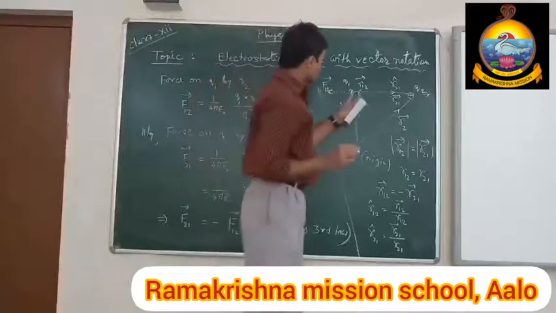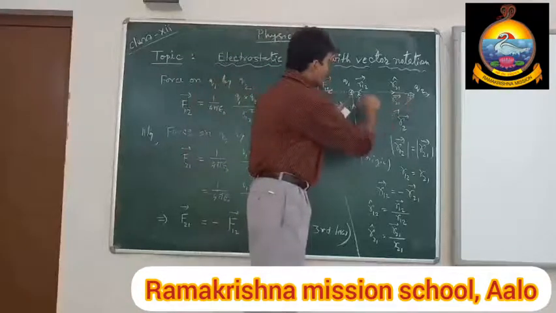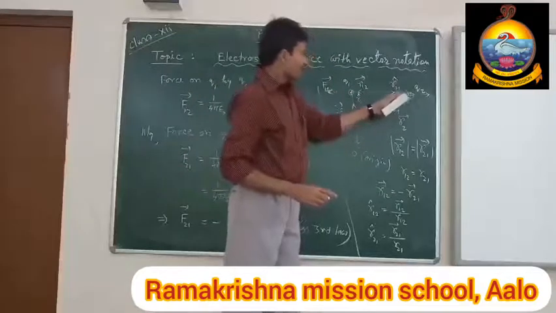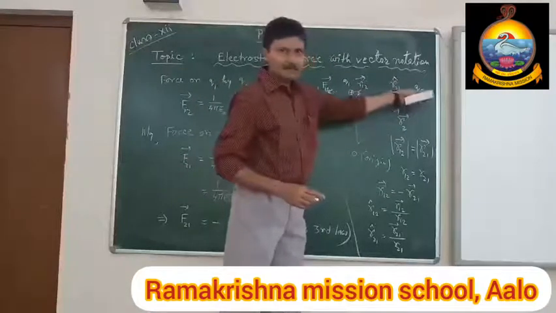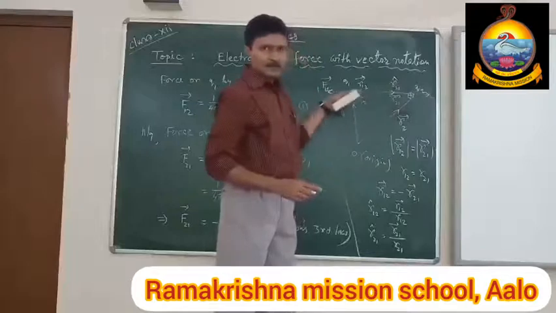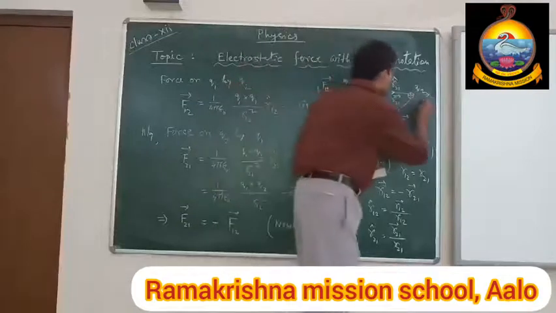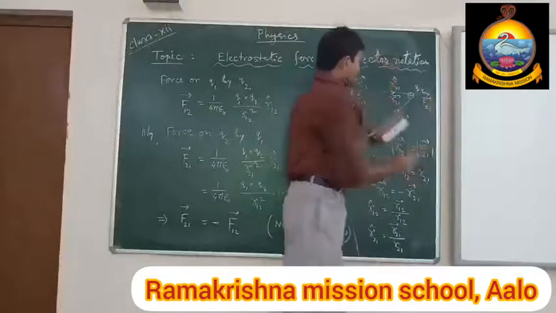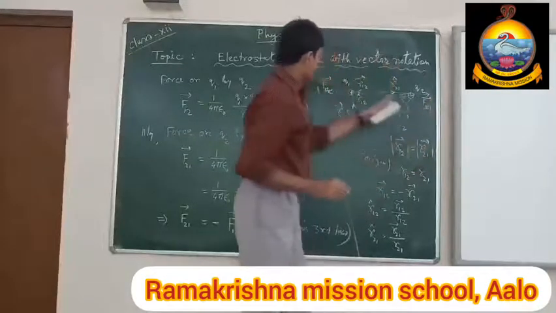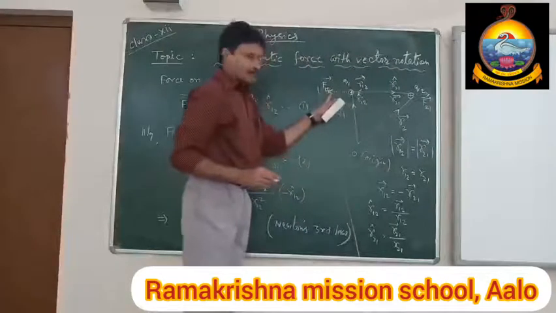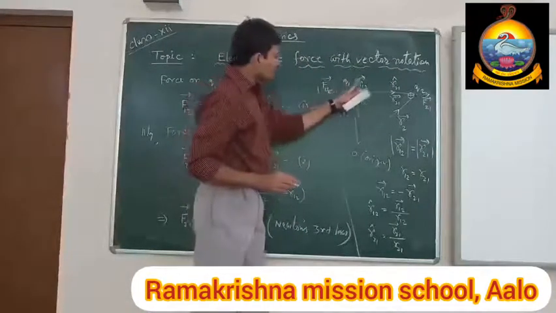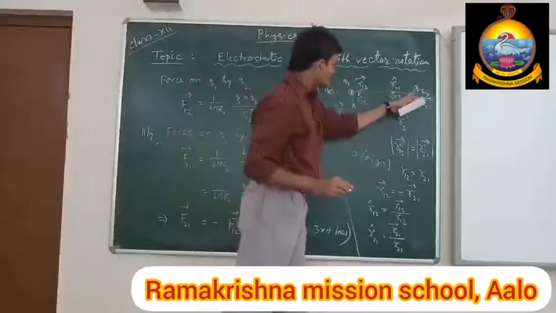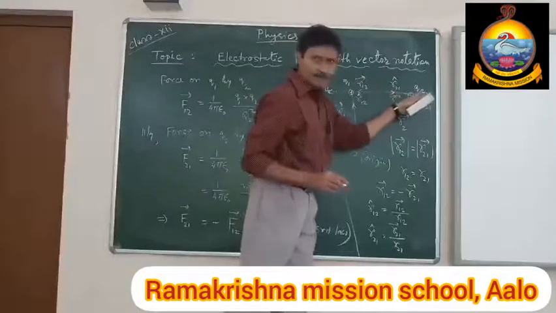The charge q1 also applies force on q2, and the direction of force is towards this direction along the line joining the two charges. If we denote this force by F21, not 21, it is force on 2 by 1. This is force on q1 by q2, a repulsive force, and this is force on q2 by q1, also a repulsive force.